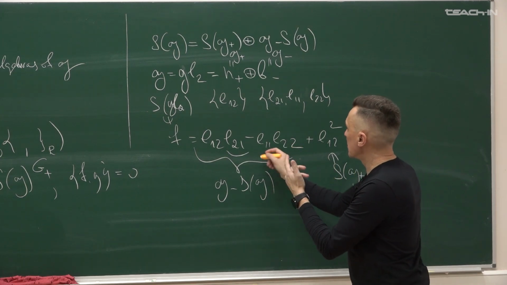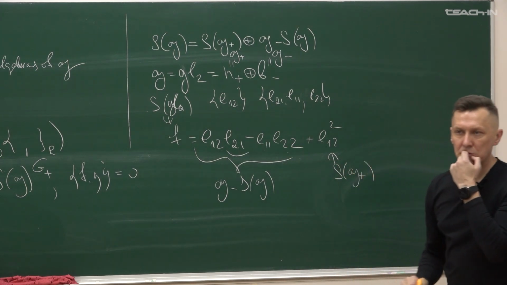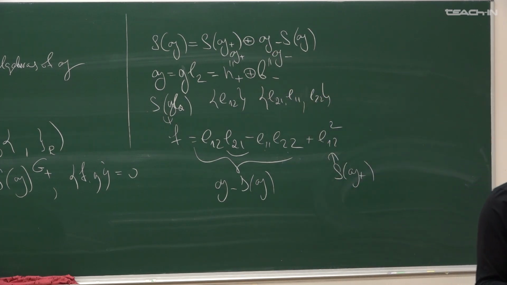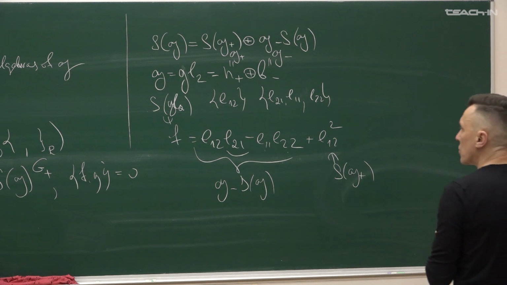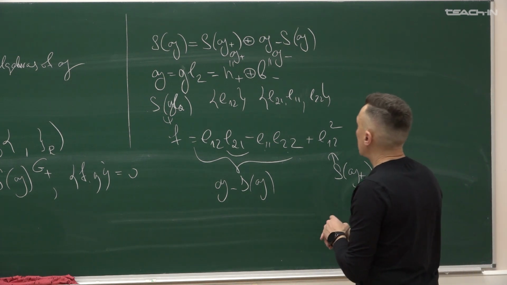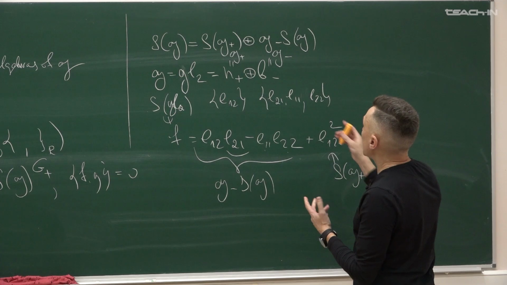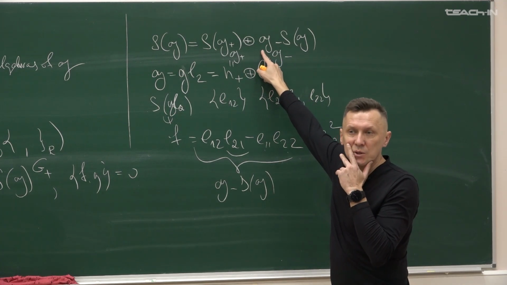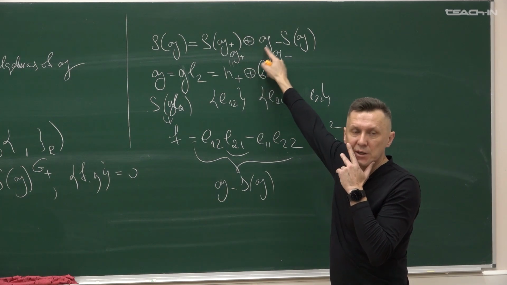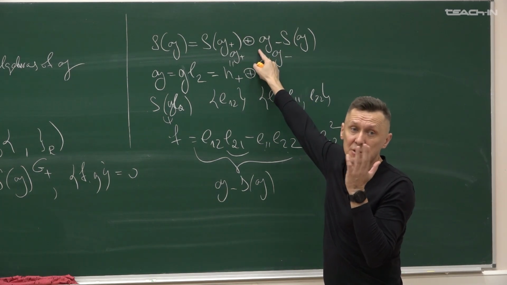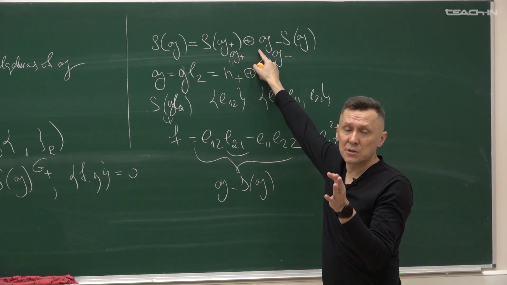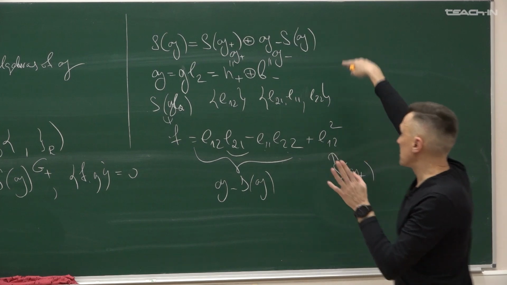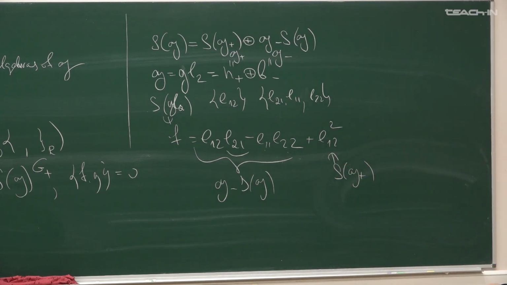Here, whatever you want, this and this. So it means that, if you want to understand it, it's an ideal generated by the linear subspace G minus. It's not a Lie subalgebra, not a subring, but it's an ideal. No, it's a subring also.